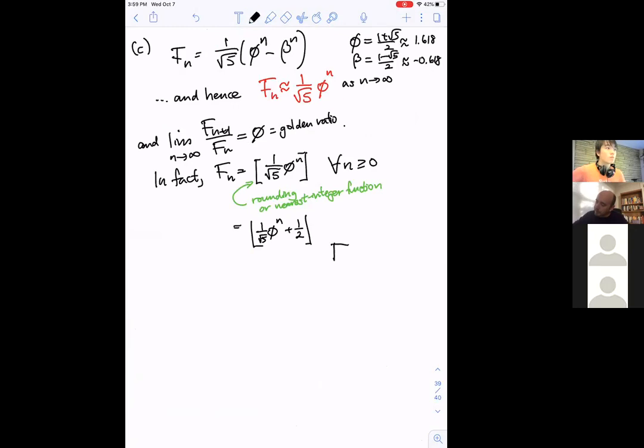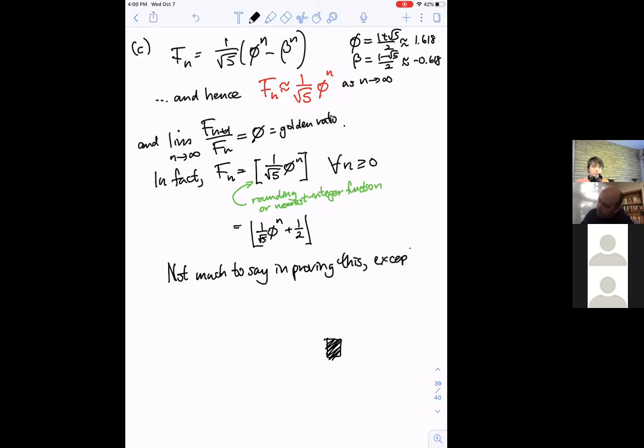There's not much to say in proving this, except that Fn is equal to this guy plus an error term, which is exactly minus 1 over square root of 5 times beta to the n.